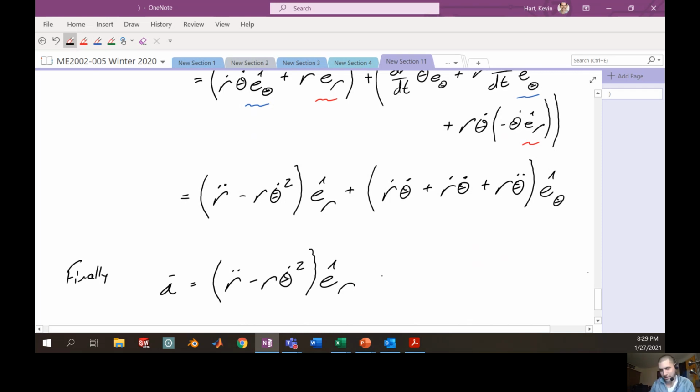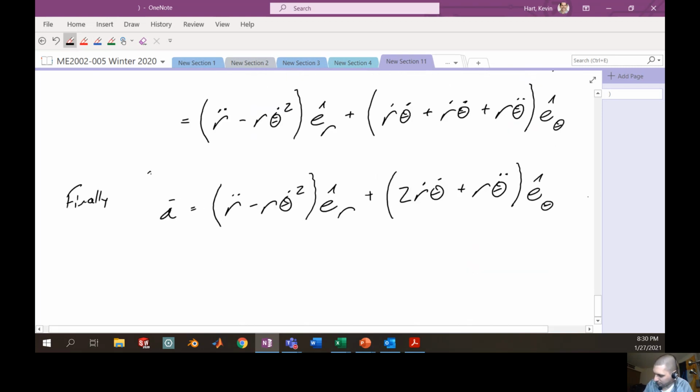So this is all the acceleration terms in the radial direction, plus here we have two of these, so I'm going to include a 2: r dot theta dot plus r theta double dot, e hat theta. This is your full acceleration equation here.